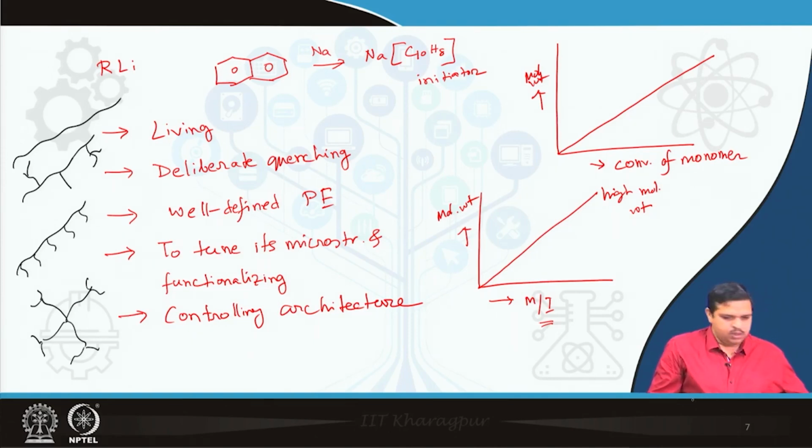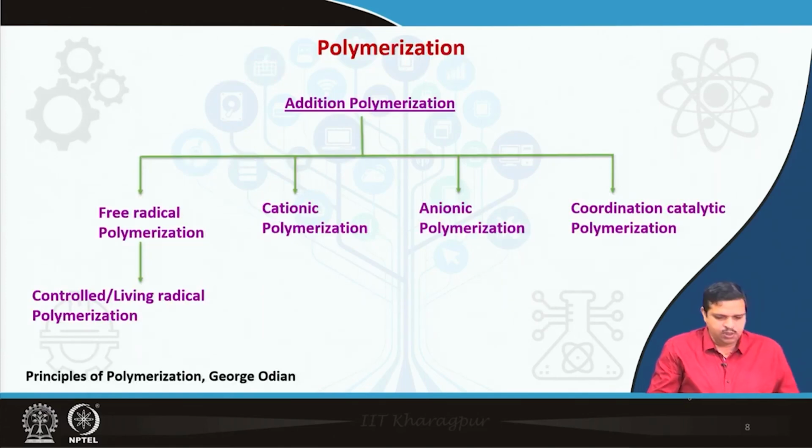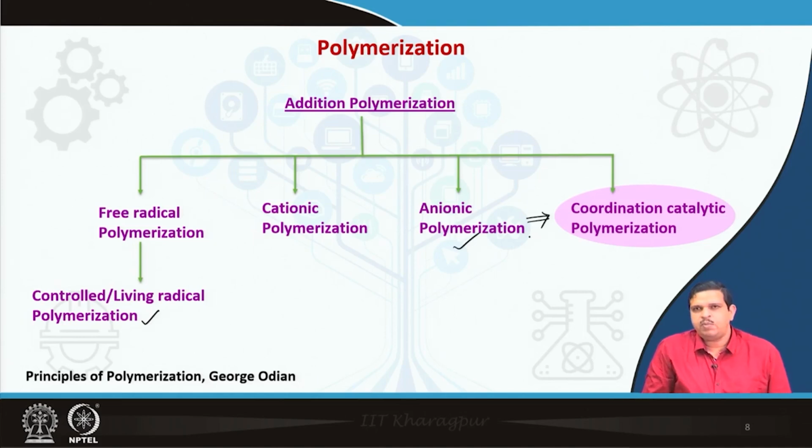So, as you see, the controlled radical polymerization and anionic polymerizations are categories of living polymerization. However, in recent times the coordination polymerization has played a major role in polymer industries for controlling the architecture and controlling the molecular weight. It has its own advantage, which we will discuss in due course.